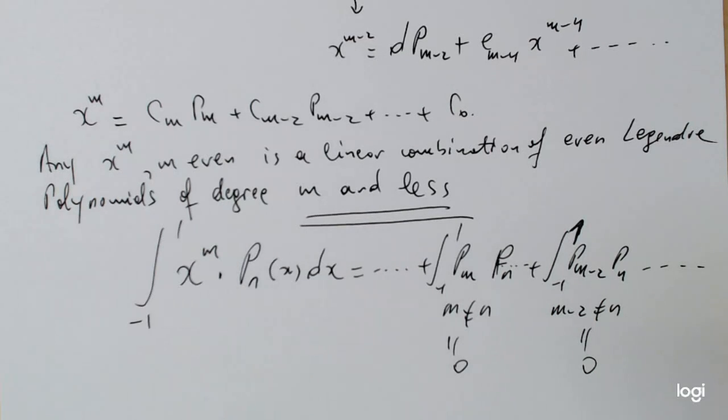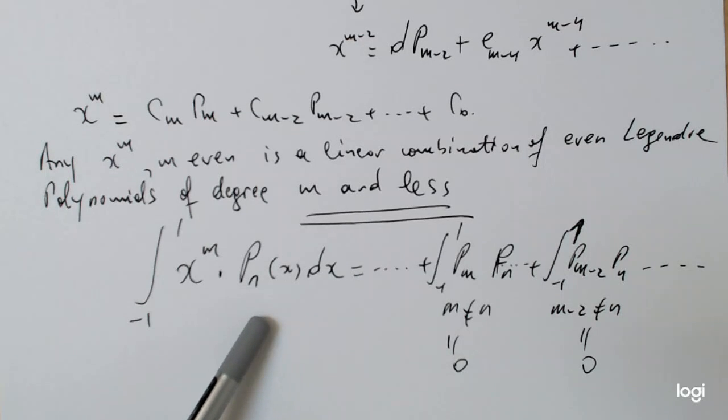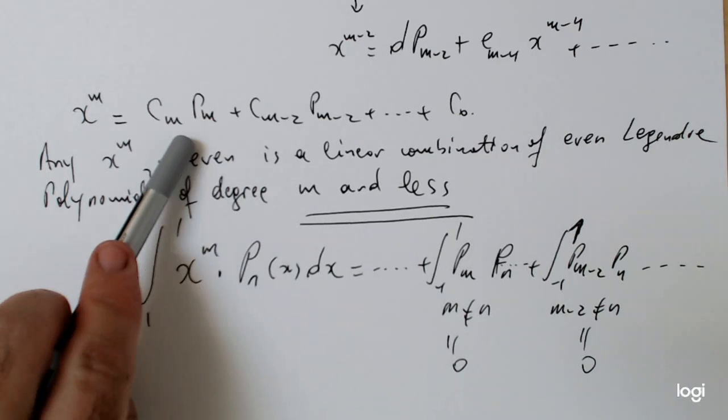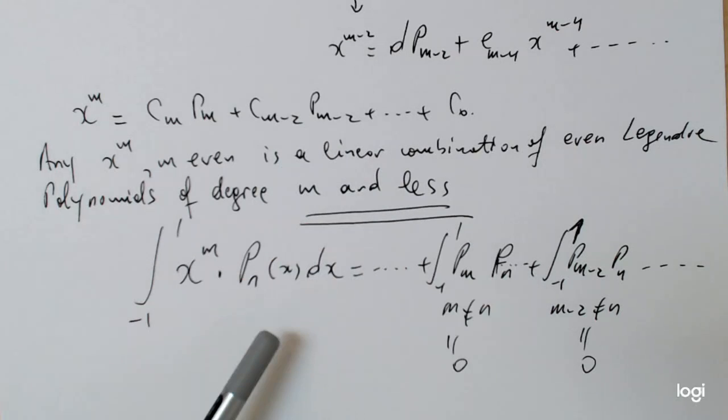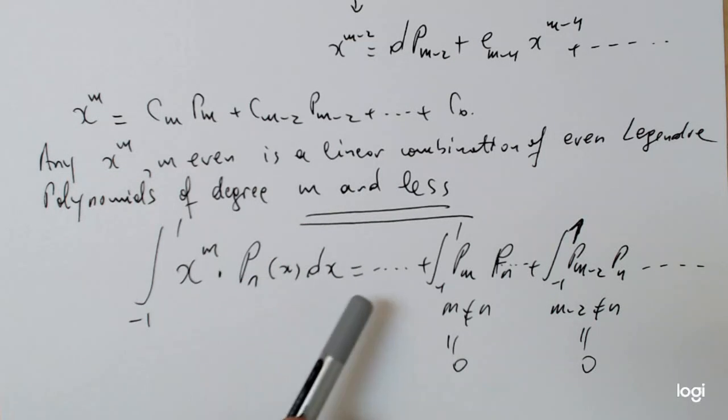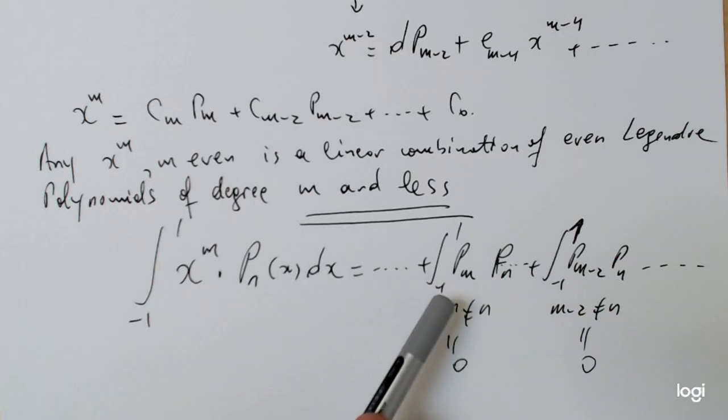of degree m and less. So then when I integrate x to the m times any other Legendre polynomial, well, if this m is less than n, I'm guaranteed that all of these P_m, P_{m-2}, and so on will have a different index than n. And so as long as these polynomials are different, when you integrate this product, we know from orthogonality on minus 1 and 1 that the integral is 0.